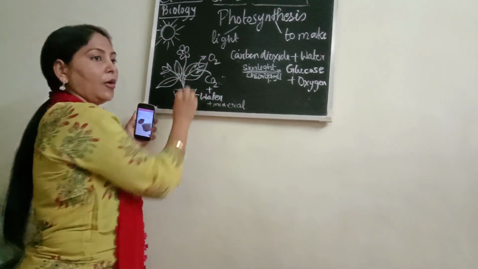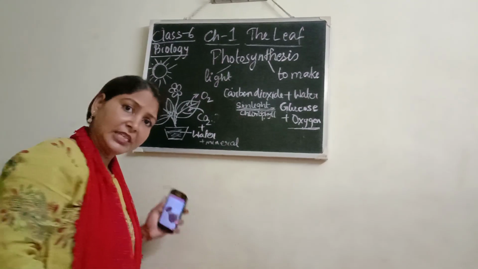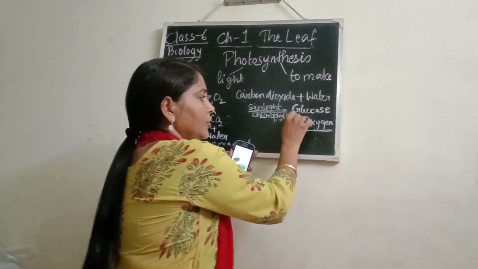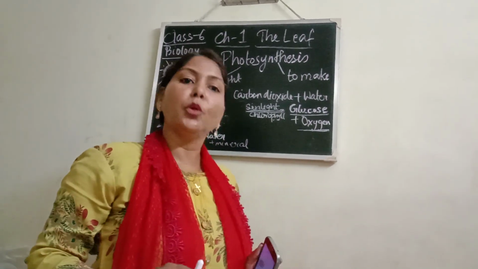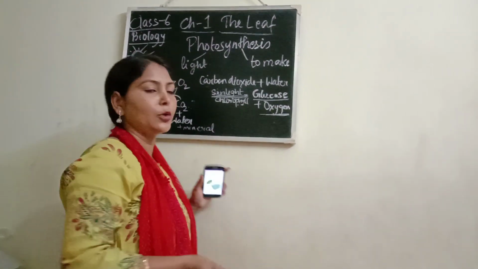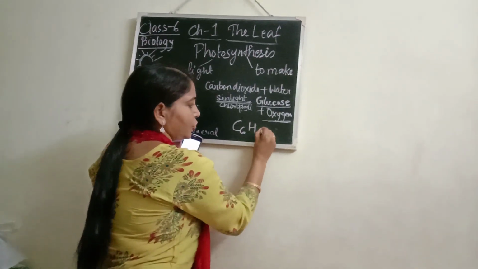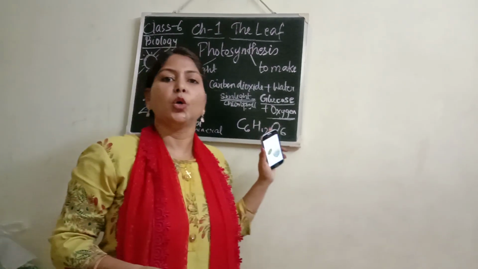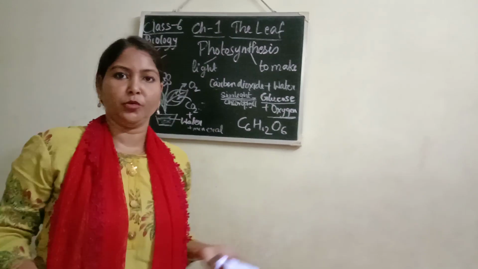Then we see all the green plants release oxygen gas, which is used by animals and us, and also the food produced by the plants is glucose. Okay, and the chemical formula for glucose is C6H12O6. Okay, this is the formula for glucose, and you can write it down anywhere, it will be good for you for your future.